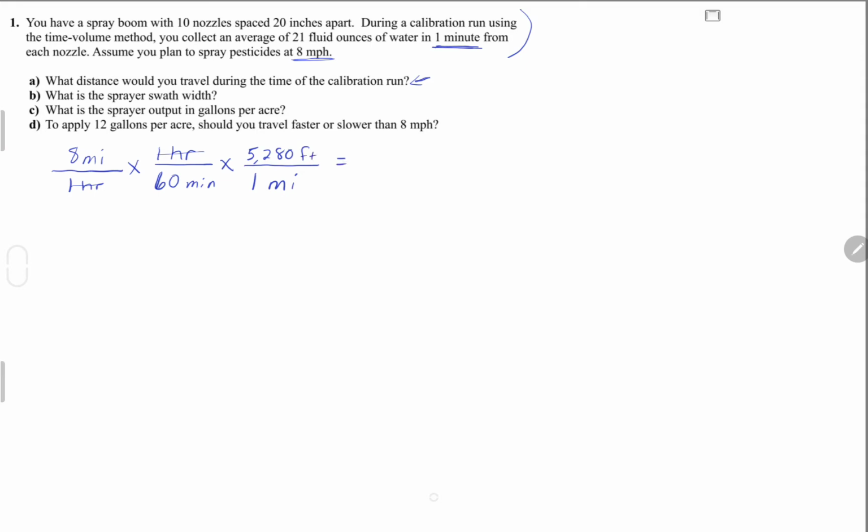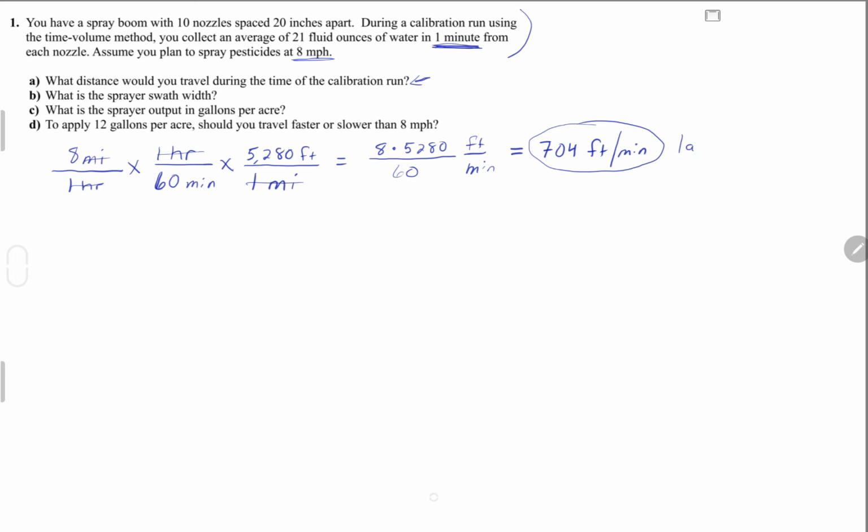And if we multiply that all through, we end up with 8 times 5,280 divided by 60. The units, because we canceled out miles, are feet per minute. And that gives us 704 feet per minute. And because our calibration run was 1 minute, this is actually our answer to part 1A.